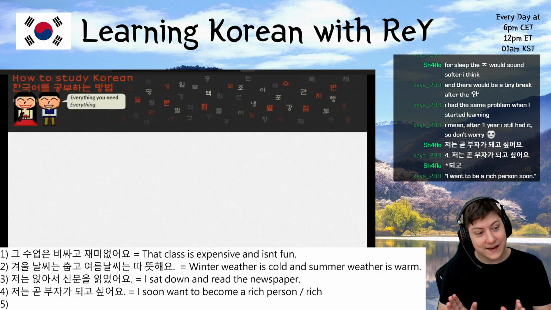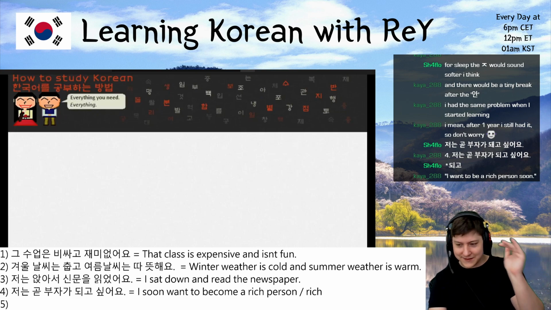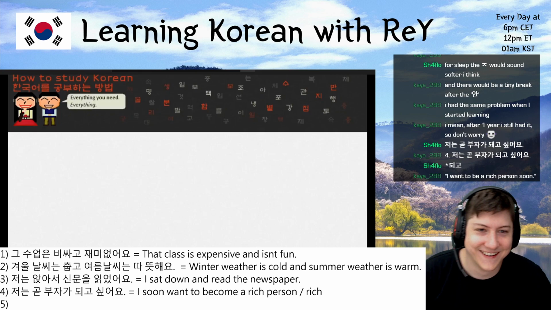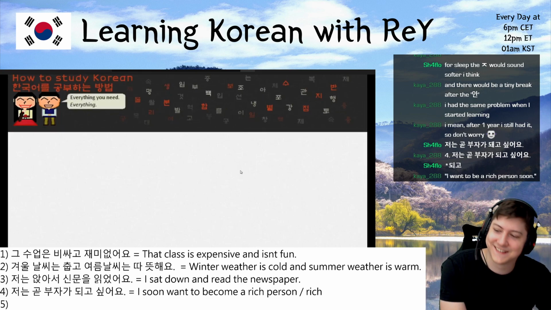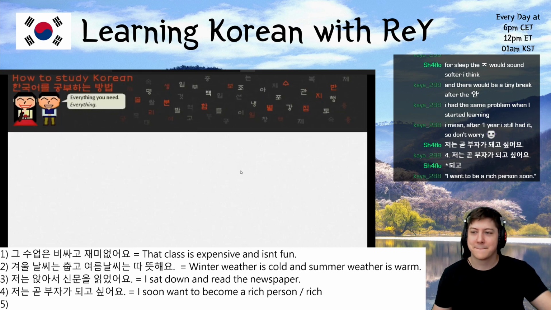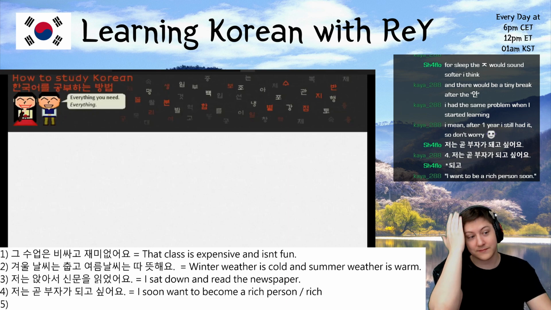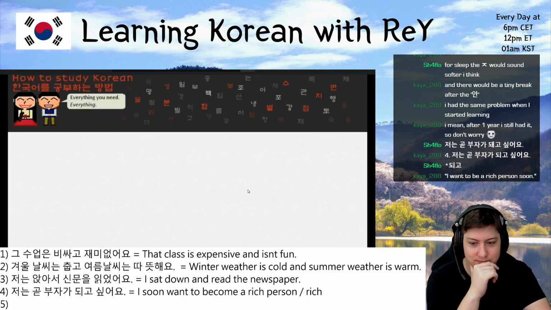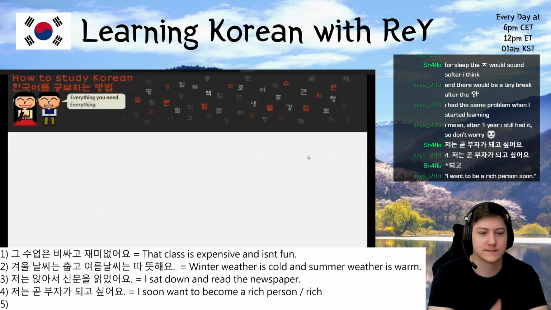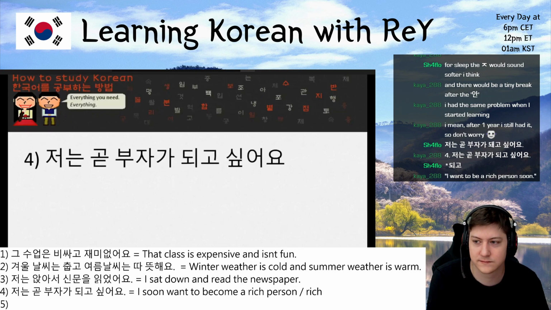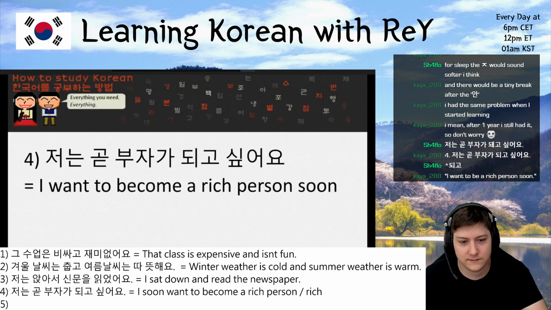It was a hard struggle to get there, but in the end I did it. 저는 곧 부자가 되고 싶어요. And this sentence translates to, I want to become a rich person soon.